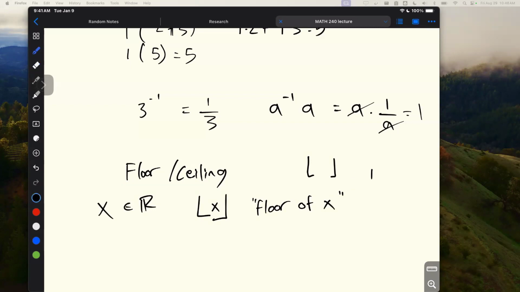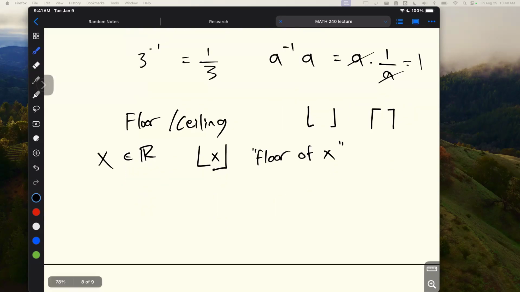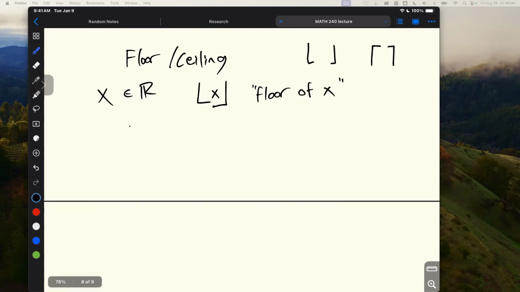And there's also the bracket part at the top, and that's the ceiling. My examples for you: let's say we have the number 2.9. For the floor, we basically round down. So we just truncate any decimal that's there. And so the floor of 2.9 is 2.